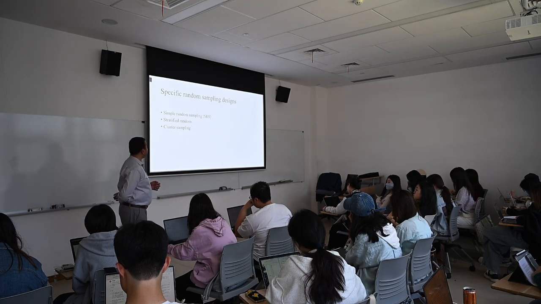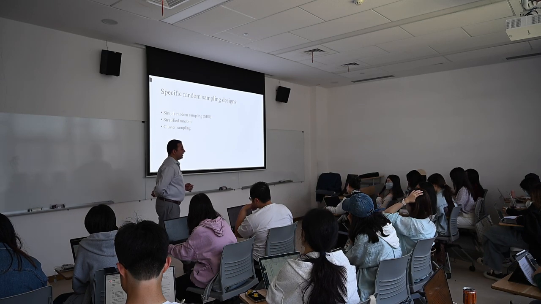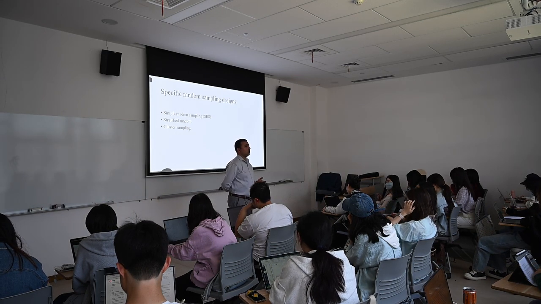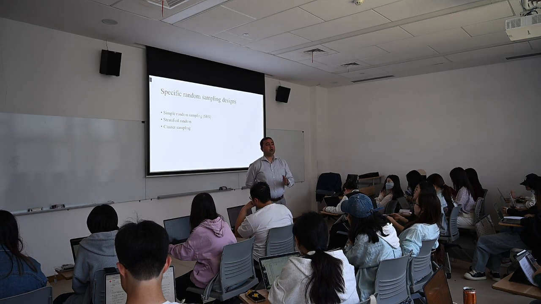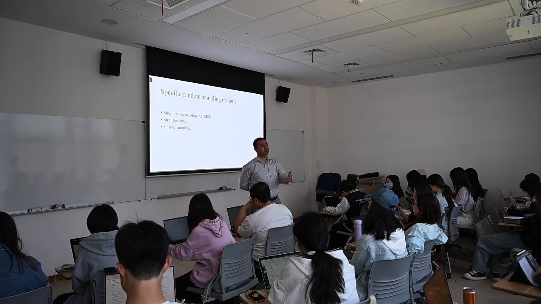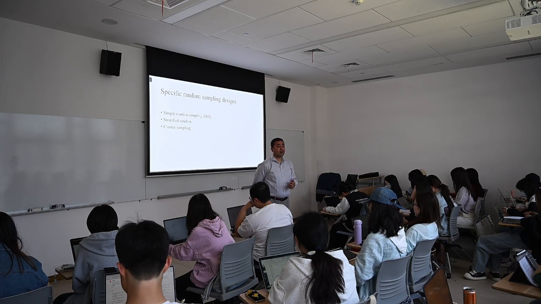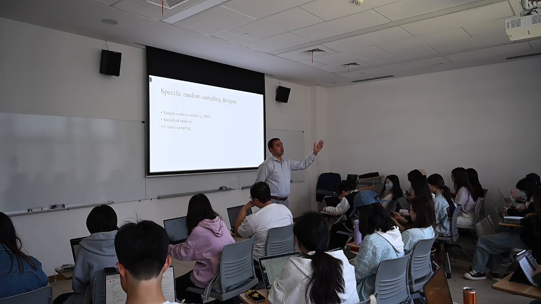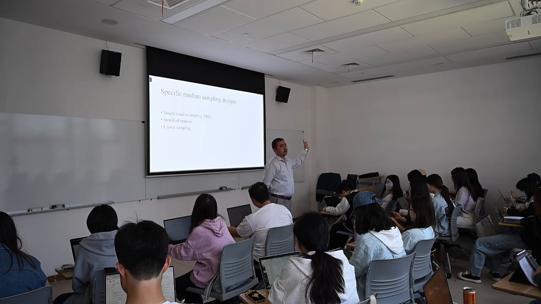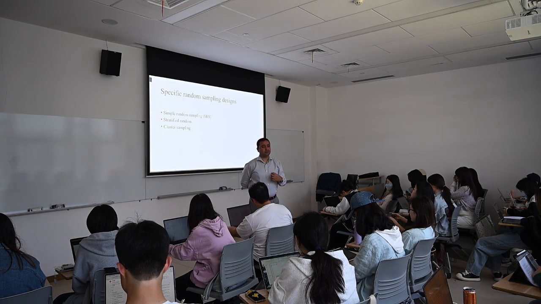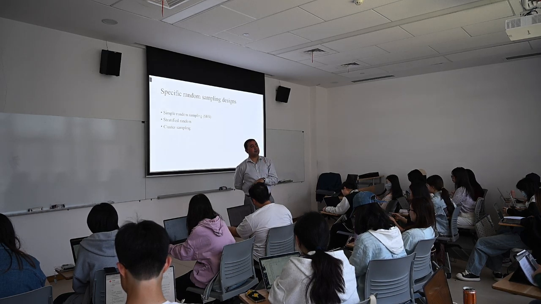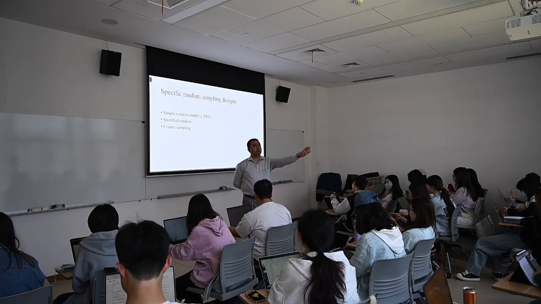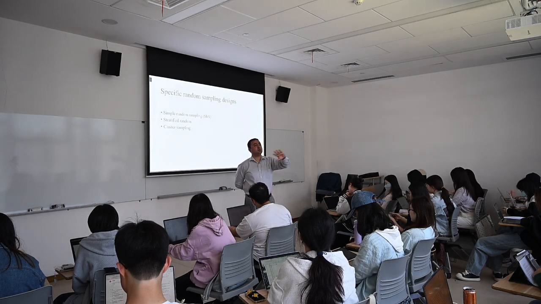Number one, SRS, simple random sampling. This is most widely used in quantitative research, especially when we use a questionnaire to collect data from a diverse group of people. So simply we randomly send it. Nowadays we have online platforms. You can post your questionnaire, and it is sent to different people, different regions, different educations.